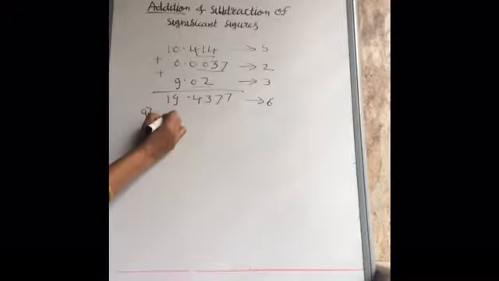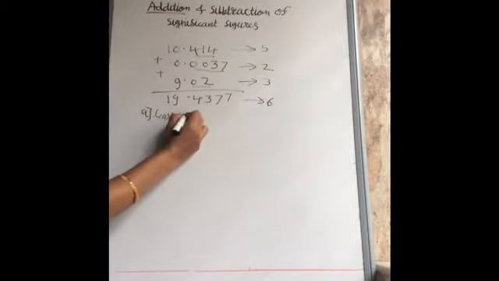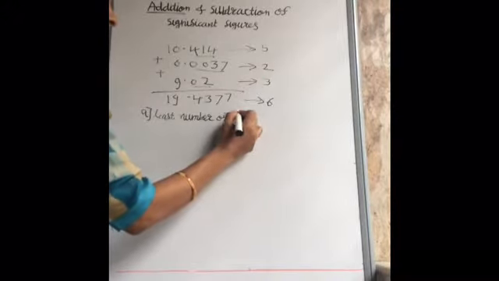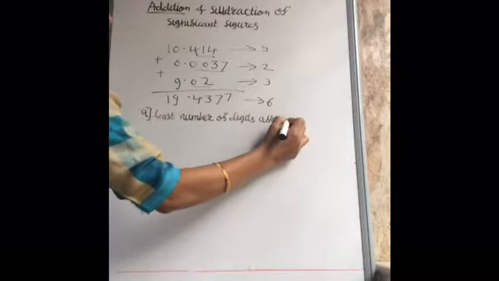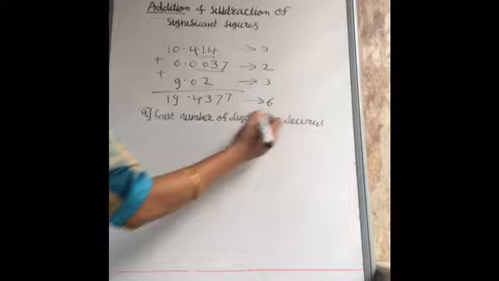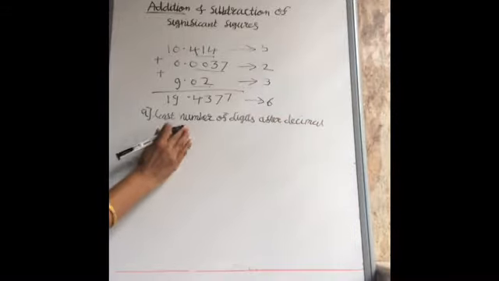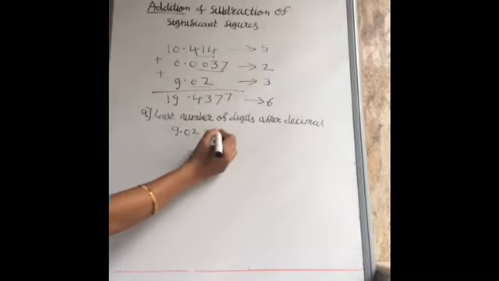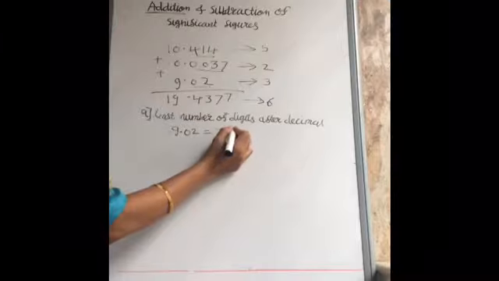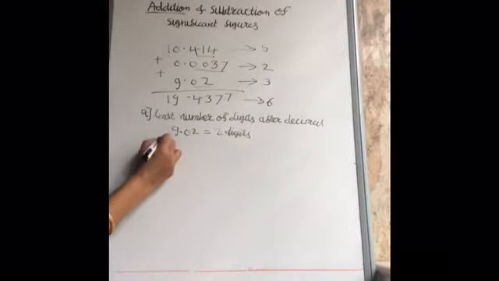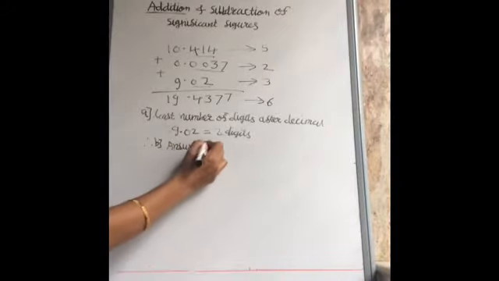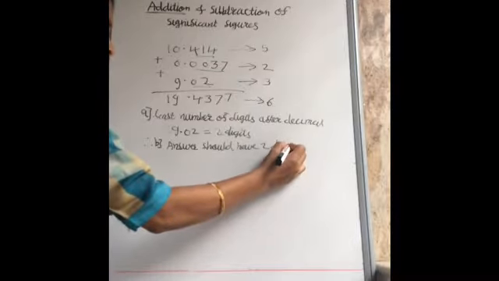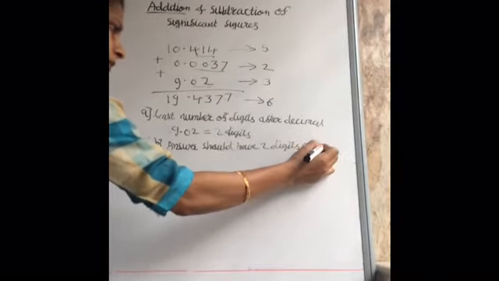So we take the least number of digits after decimal, which is 2, because 9.02 has 2 digits after the decimal. Therefore the answer should have only 2 digits after decimal.